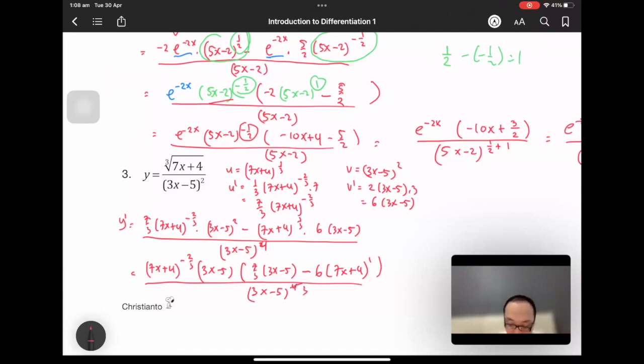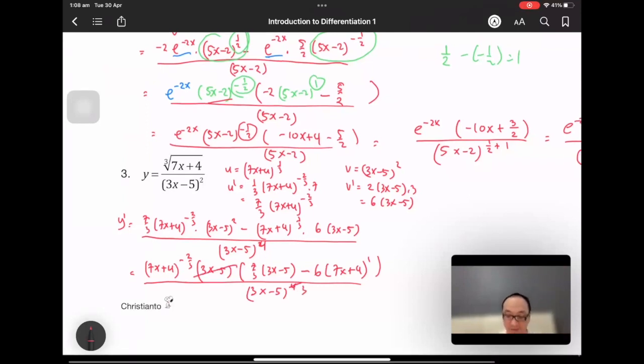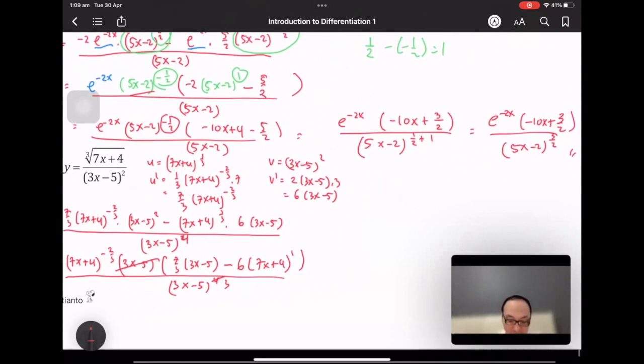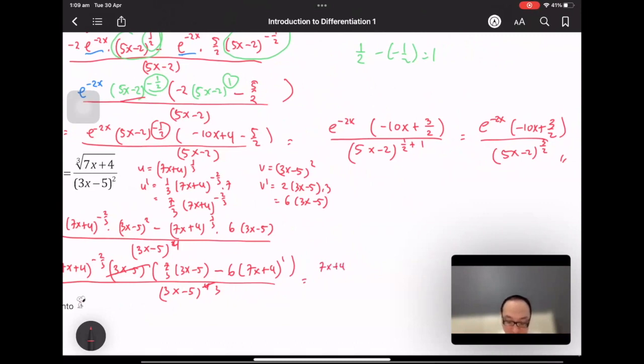I can cancel 1 with this. So this equals (7x plus 4) to the minus 2 over 3, and then over (3x minus 5) to the power of 3. And the last one, it's 7x minus 42. So it's negative 35x.